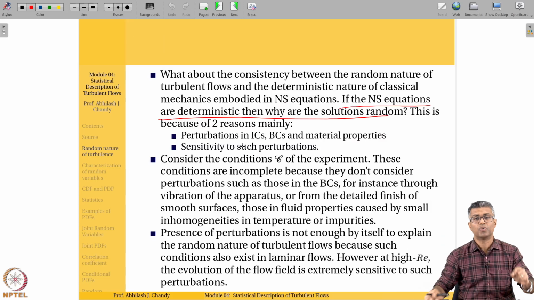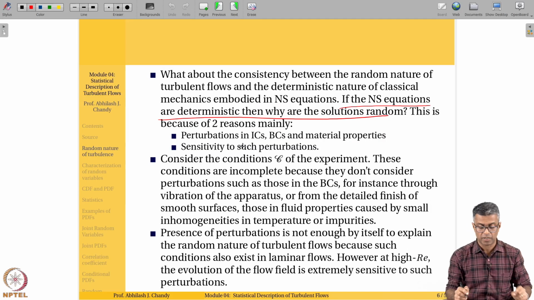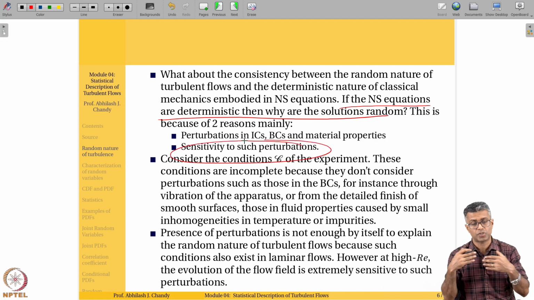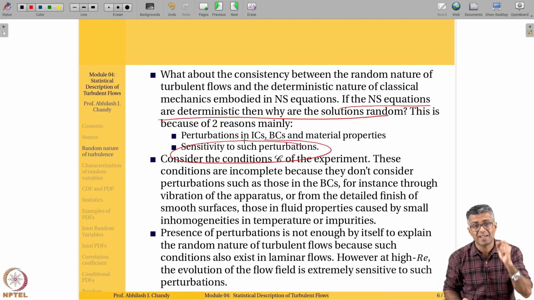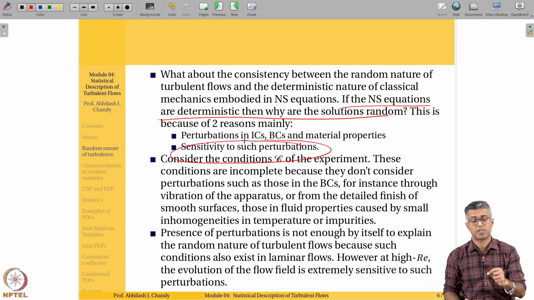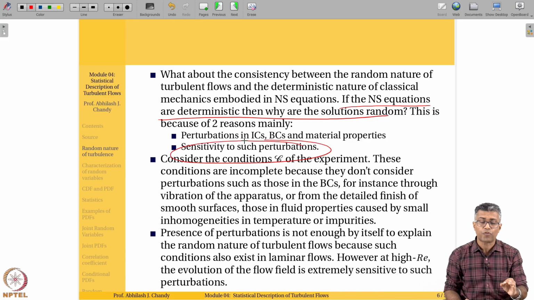And that has to do with the sensitivity to initial conditions, boundary conditions, and material properties. So the sensitivity to such perturbation, the second point here, is what I want to emphasize. In laminar flow, it is not as sensitive to those perturbations, whereas in turbulent flow, it is. That is the difference between laminar flow and turbulent flow.